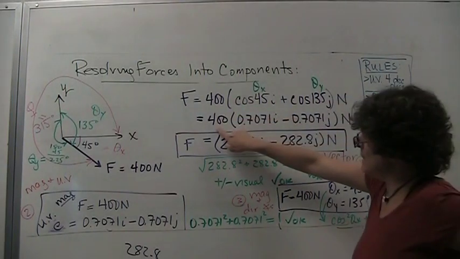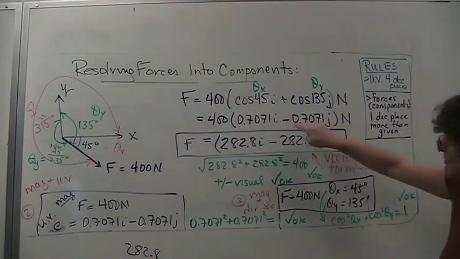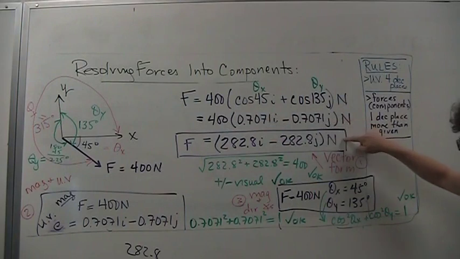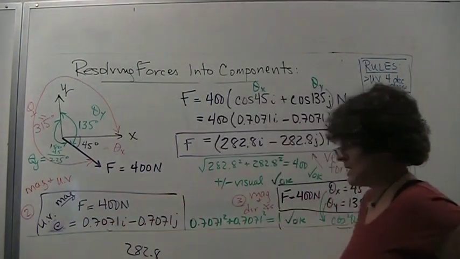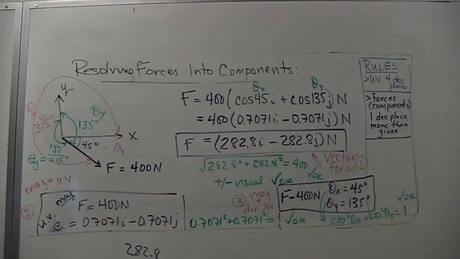We carried down the magnitude, we represented the unit vector in 4 decimal places, and then we represented the force in vector form. If you were also supposed to represent the force in magnitude and unit vector, you would have to write this here. And if you were also asked to represent the force in magnitude and direction angles, you would write this here.